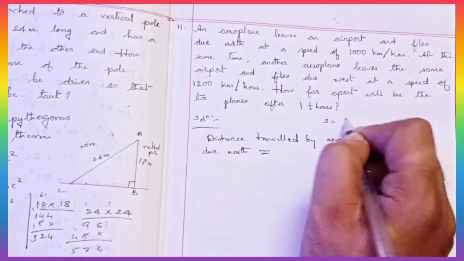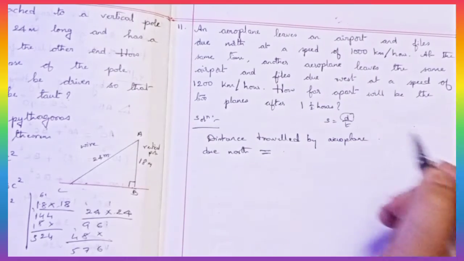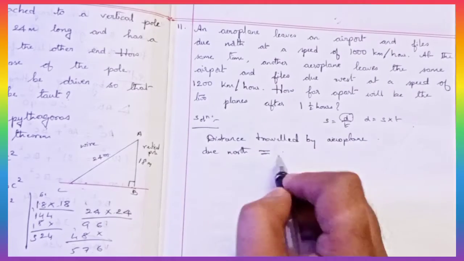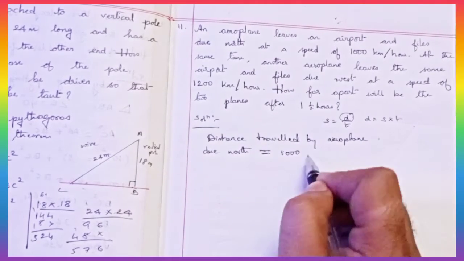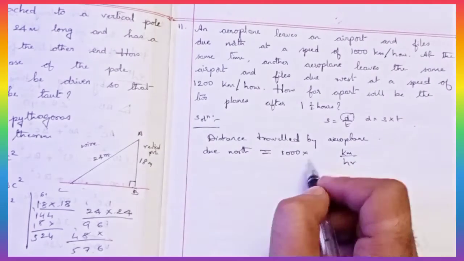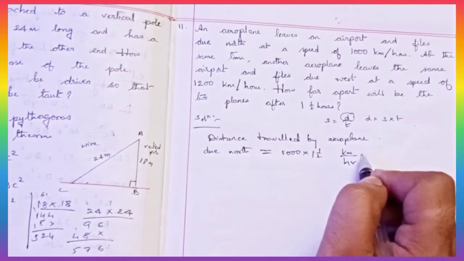That is, speed is equal to distance traveled by time taken. What we are calculating? We are calculating distance traveled. So distance traveled can be written as speed into time taken. Speed is given already, that is 1000 km per hour into time taken 1.5 hour.